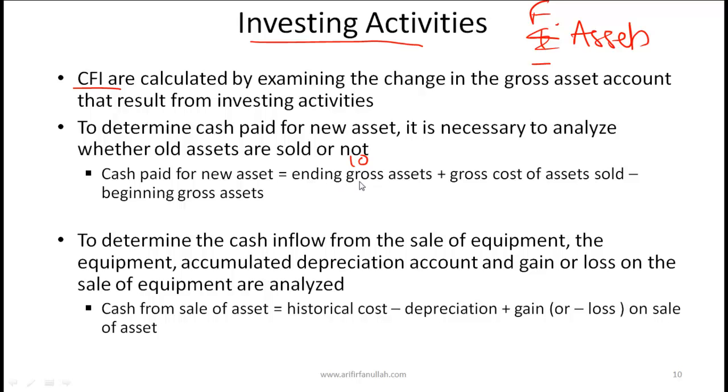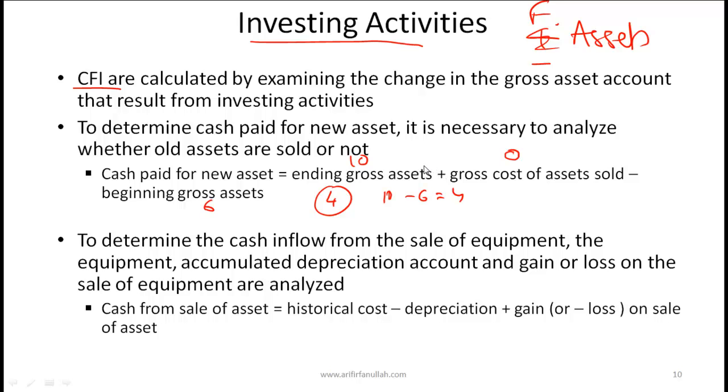So if your ending gross asset value is 10, and let's say initially that we assume nothing was sold over the year, and your beginning gross asset value is 6, then the value of assets purchased during the year must have been 4. So 10 minus 6 is 4.